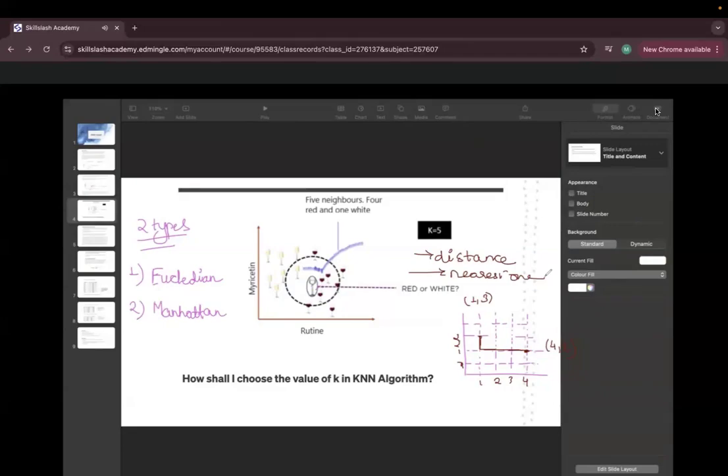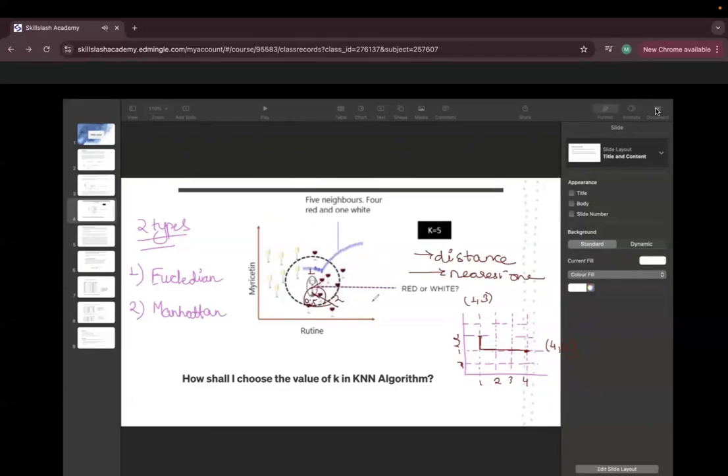From my new data point, wherever the distance is very small, I am going to pick those up. Let's say the distance from this glass is 1, from this glass is 0.5, and from this glass is 2. Which one is the nearest? This glass, right? Likewise, I am going to find my nearest glasses.